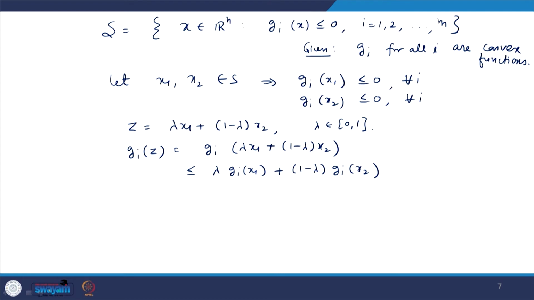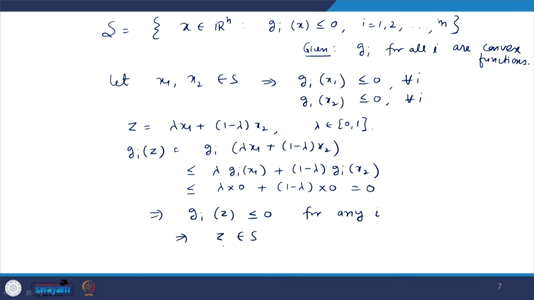And since G I x 1 and G I x 2 are less than or equal to 0 for all I, this is less than or equal to lambda into 0 plus 1 minus lambda into 0, which is equal to 0. So G I of z is less than or equal to 0 for any I, and this implies z belongs to S, and hence S is a convex set in R n.